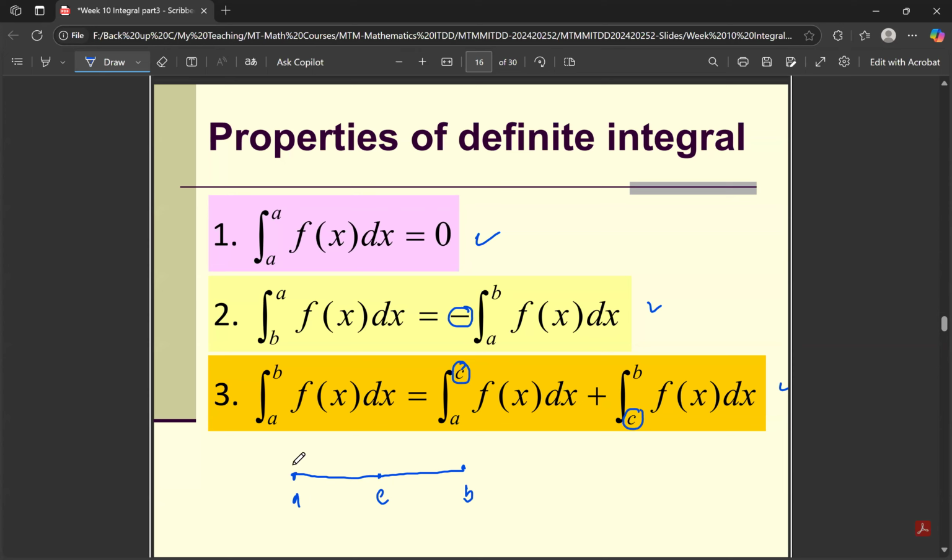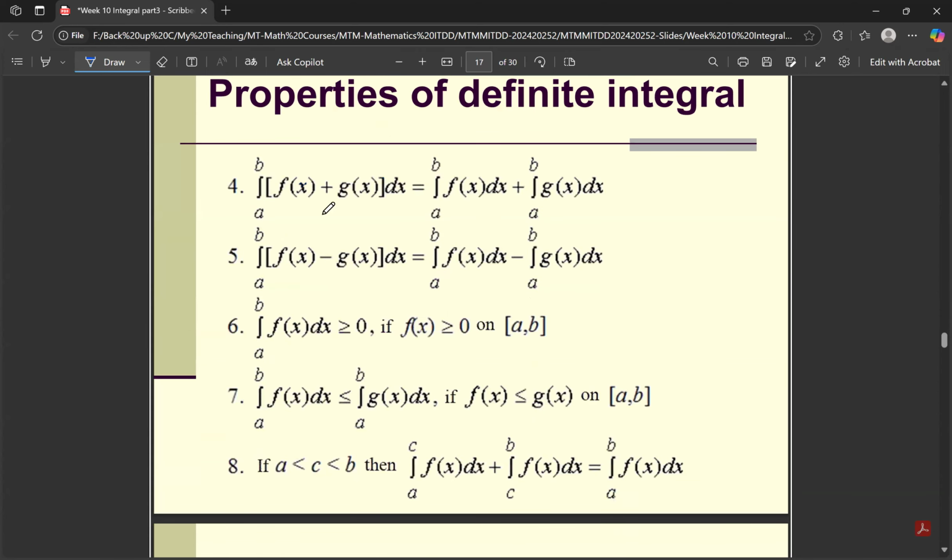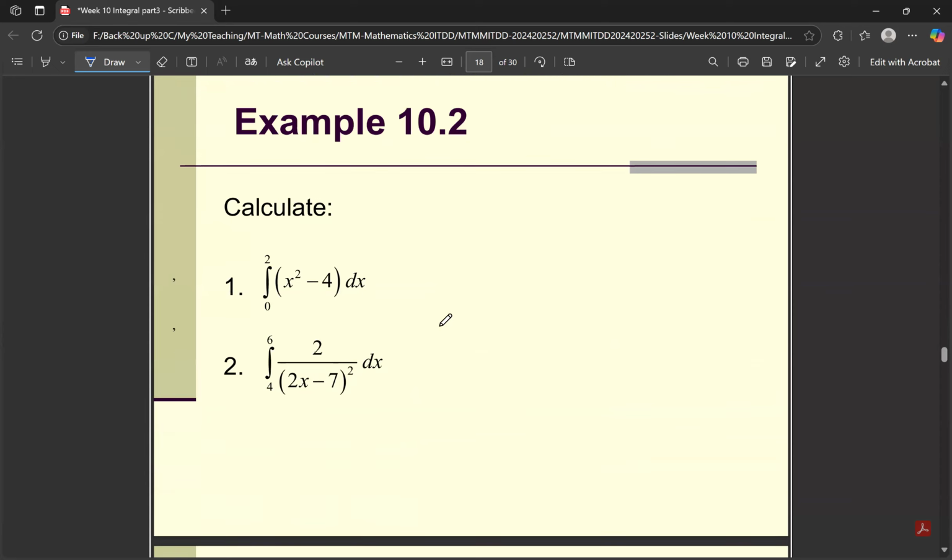So the integral from a to b is equal to the integral from a to c plus the integral from c to b. This is the interpretation of number three. These are some properties of the definite integral. We can refer to them again in the future if we need.